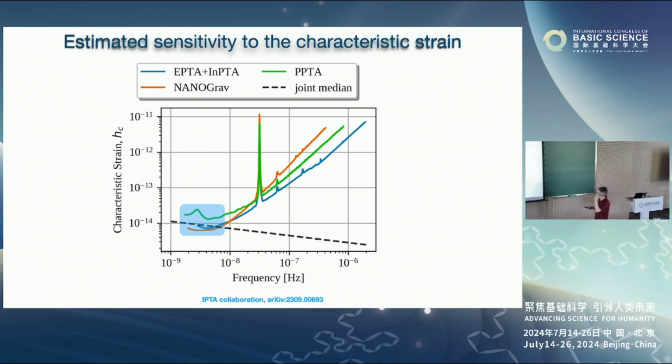But NANOGrav and the EPTA have much better sensitivity in the low frequency region, and we see that the sensitivity curves of NANOGrav and the EPTA are lower than the signal. That's why they can see some evidence for the gravitational wave background in their dataset.